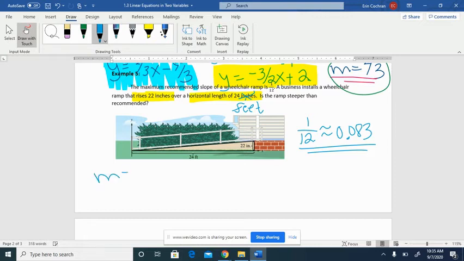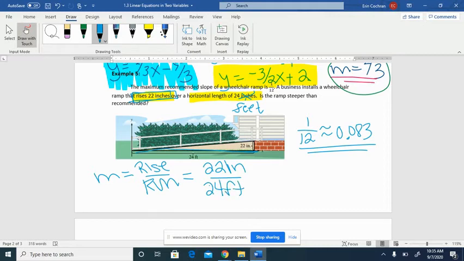Okay, so let's go ahead and look at the slope of this. And remember, slope is our rise over our run. So we know our ramp rises 22 inches. So we know our numerator is going to be 22 inches. My run is that horizontal length, which is 24 feet. Okay.